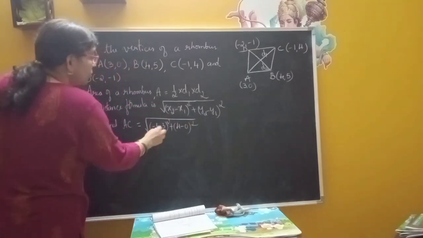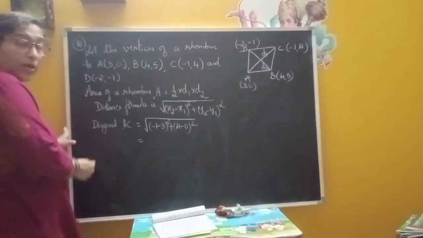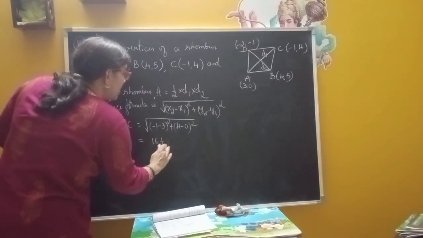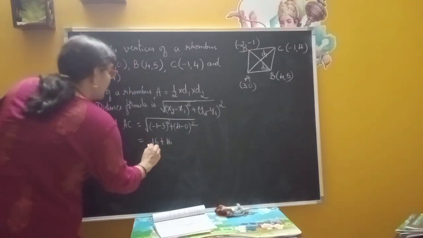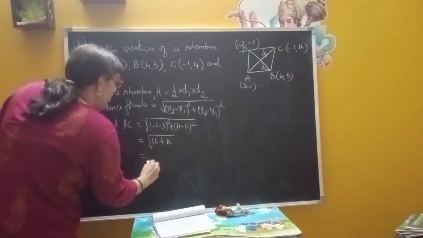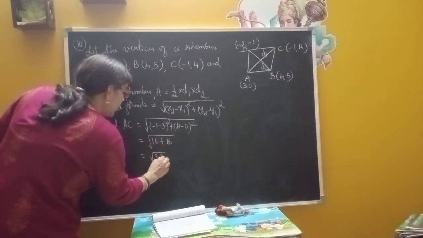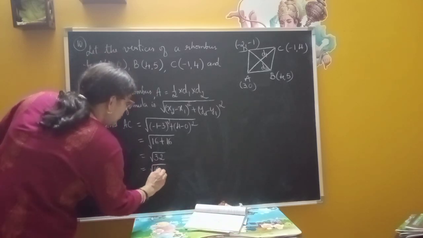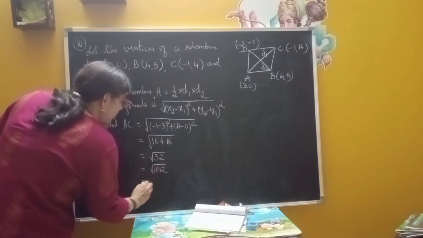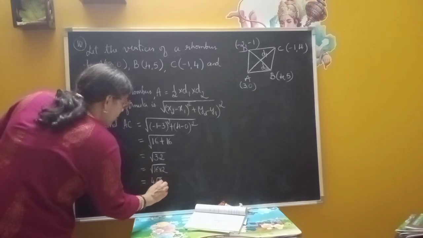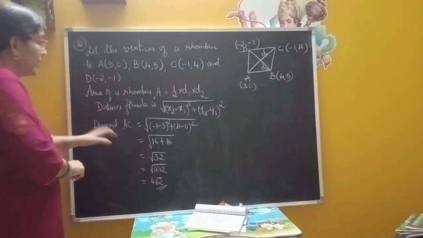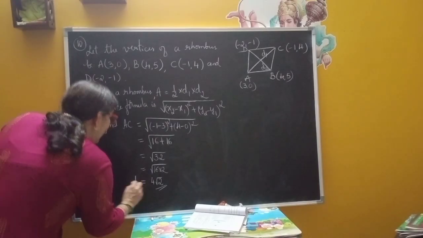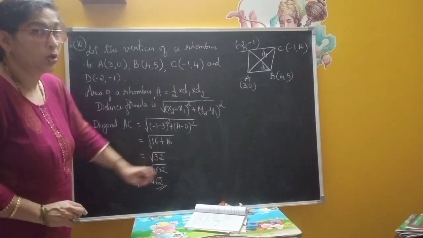So it is equal to (-4) whole square, which is plus 16. 16 plus 4 square is how much? 16 only. So 16 plus 16 is how much? Square root of 32. 32 can be written as 16 twos. So square root of 16 is 4. So 4 root 2 units. This is diagonal 1 or d1. So d1 is equal to the length of diagonal AC, which is 4 root 2 units.